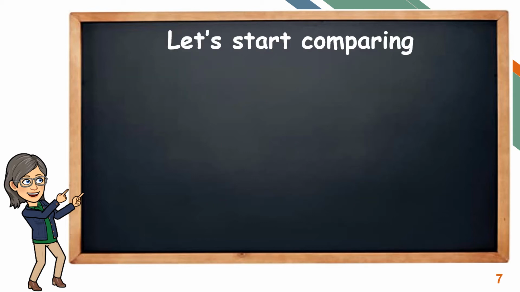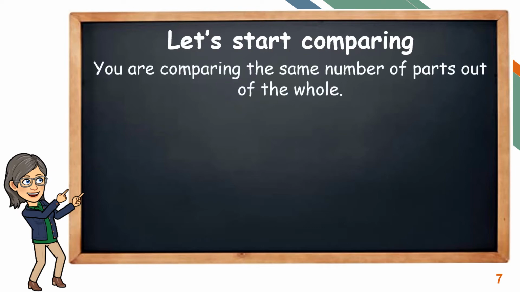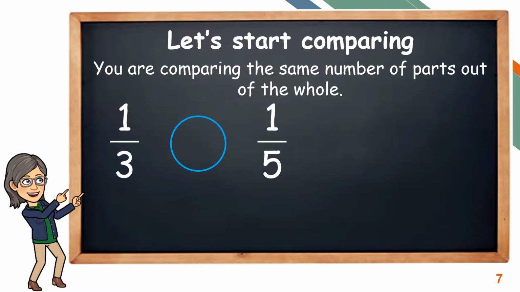When you compare fractions with the same numerator, that means you are comparing the same number of parts out of the whole. So here we are comparing 1 part out of 3 parts and 1 part out of 5 parts for these fractions. To make comparing easier and a little more fun, we are going to pretend that these two fractions represent pizza slices out of a whole pizza.